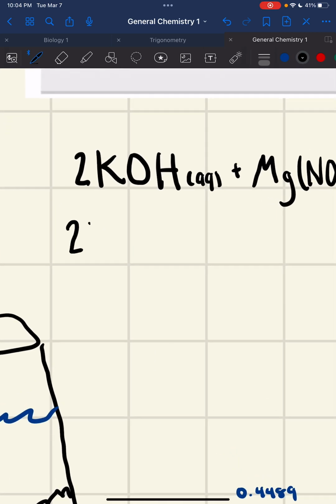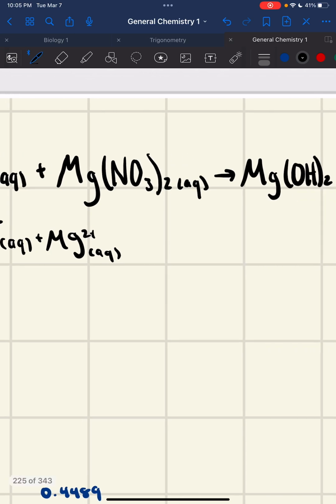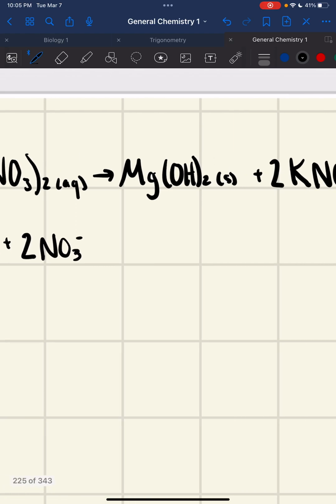So you have 2K+ aqueous, plus 1 OH− aqueous, plus the magnesium 2+ aqueous, plus our 2 NO3− aqueous as well.